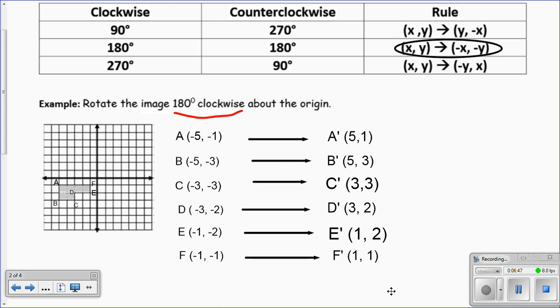Okay? And then once we have those, we can just go ahead and replot them on the coordinate plane, which means they're all going to be in quadrant 1 now. And then we just draw it. That's our new image. Okay? Which looks like, if I turn the graph, that's where this guy would end up right here in that shadow part.